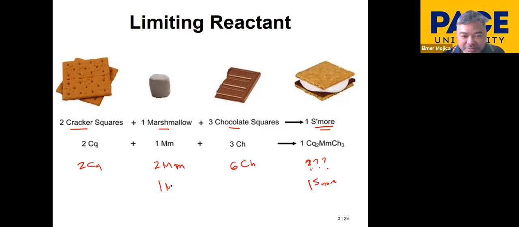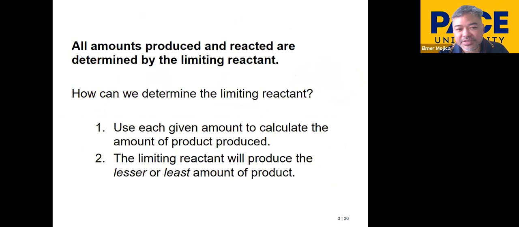At the end, you have an excess of 1 marshmallow and an excess of 3 chocolate squares. So that's the concept of the limiting reactant. Your product will only go as far as your limiting reactant dictates. All the amounts that are produced and reacted are determined by your limiting reactant.